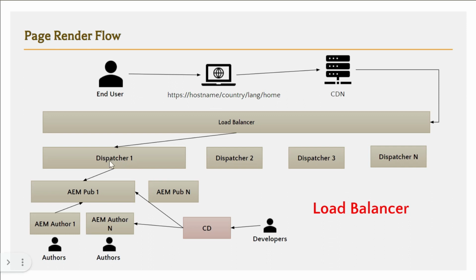Then when does the request actually come to the publish instance? In two cases. One is if the page is not already cached in the dispatcher, then the request comes to the publish instance. The second reason is that there are certain dynamic URLs.